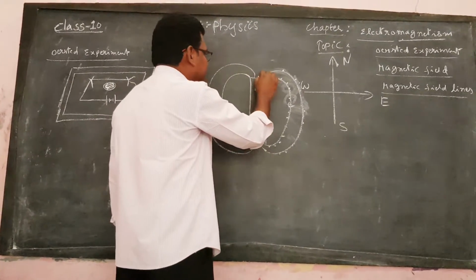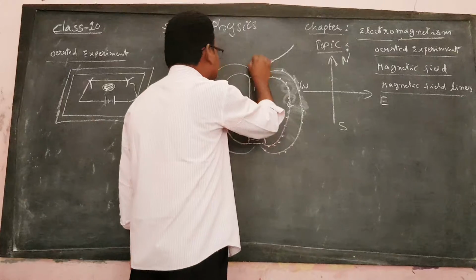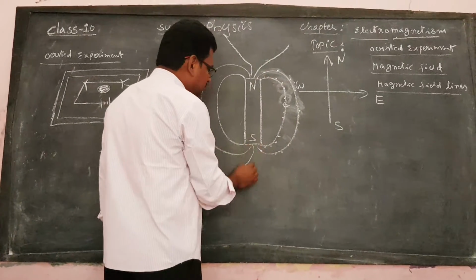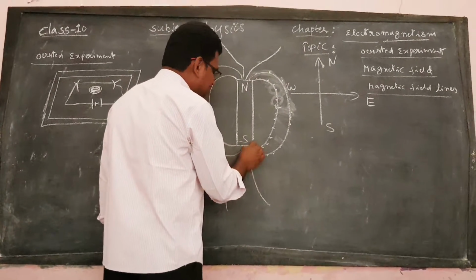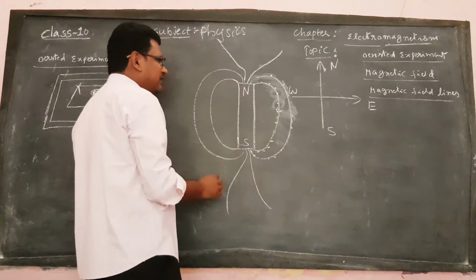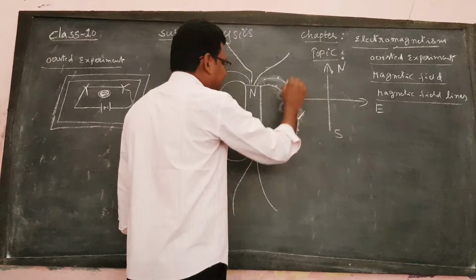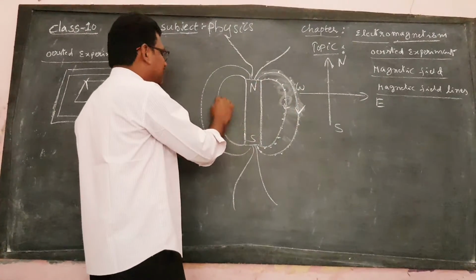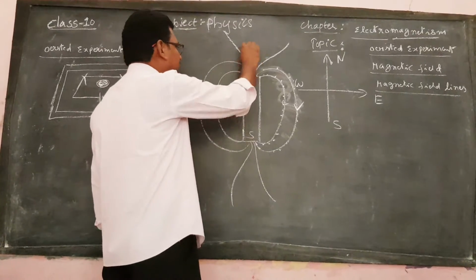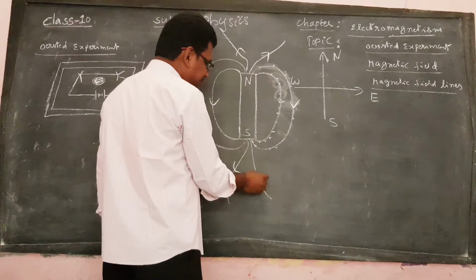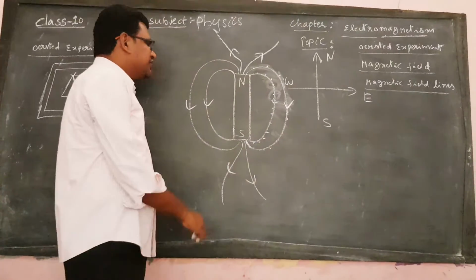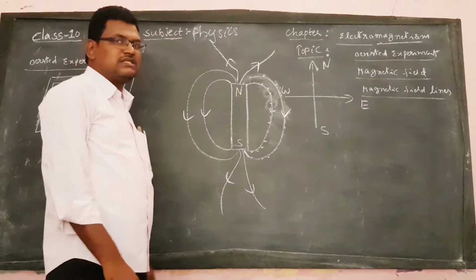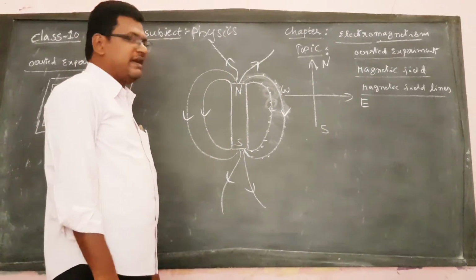These are the magnetic field lines around a magnet. The direction of magnetic field lines is from the north pole of a magnet to the south pole of a magnet.